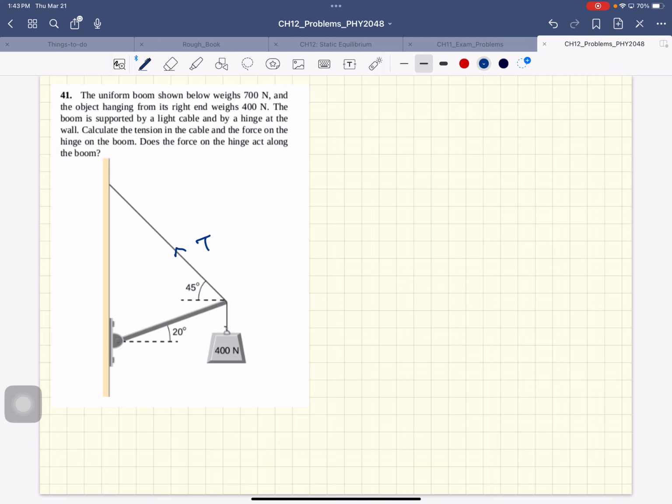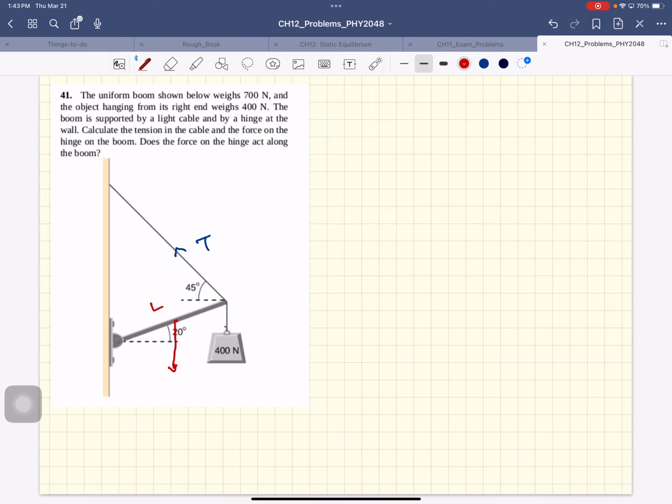And whenever they say a uniform boom, what are they trying to say? Yeah, the center of gravity is at the center. That's where the weight of the boom acts. So that's what they're trying to say.